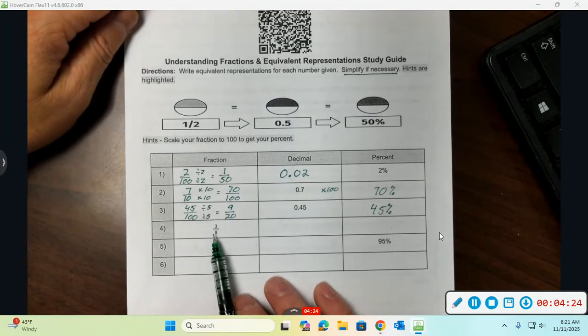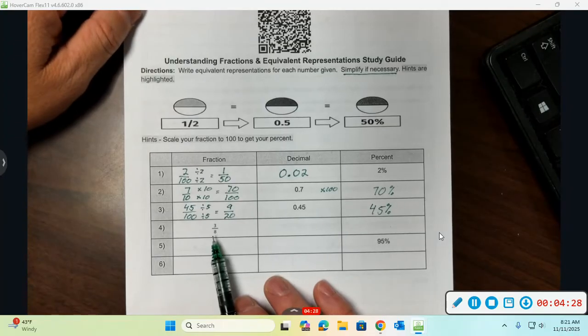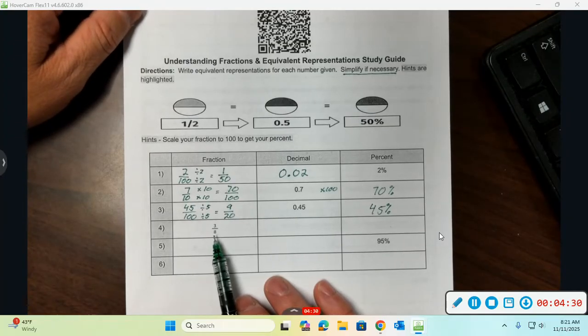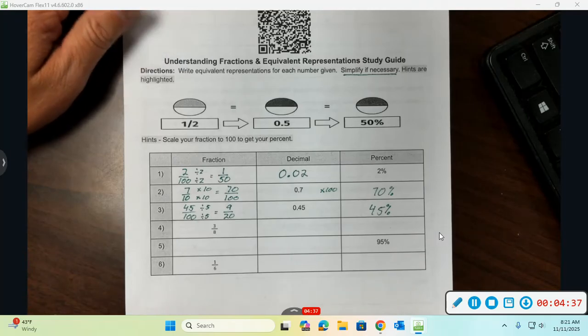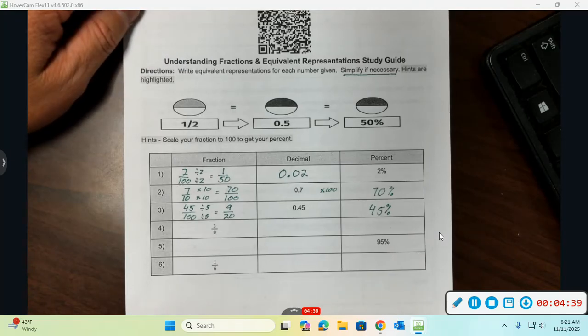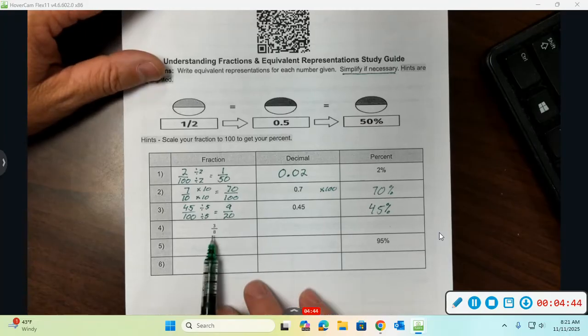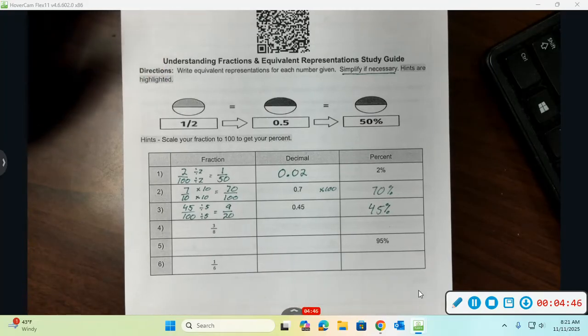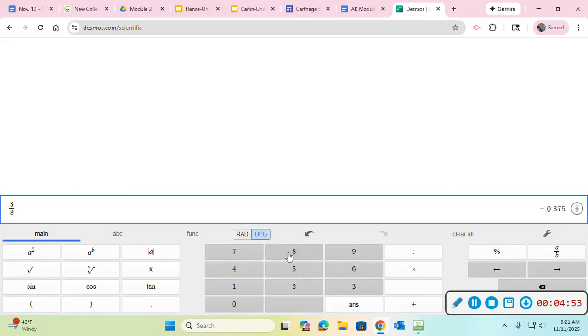All right, 3/8. 3/8 is one of those ones you're definitely going to need Desmos for, because does 8 scale to 100? No. Why would I want to scale it to 100? Because I can get the percent. So 3/8, what I would do is take my calculator and do 3 over 8, and that gives me this decimal, doesn't it?